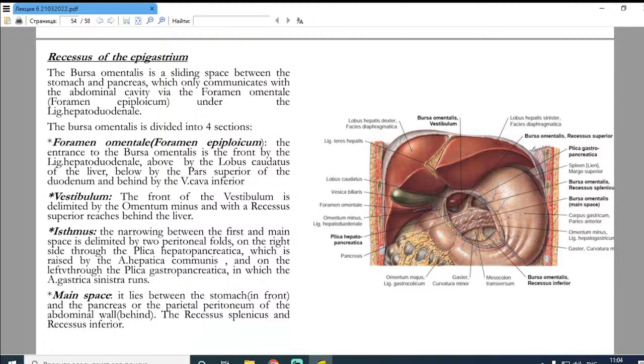This is the main space. Vestibulum, isthmus, main space, and foramen omentale together form the bursa, located behind the stomach. Enter via the foramen omentale.